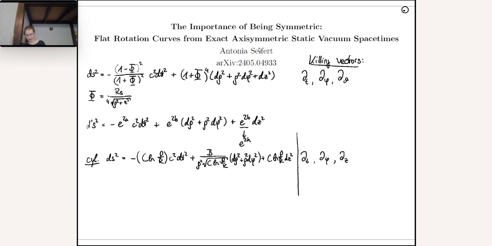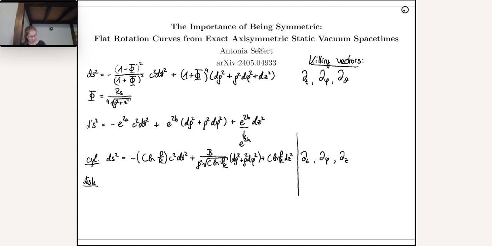The second line element that I want to present is what I call the disk line element. It is obtained from the cylinder solution by variation of constants, which is why it looks very similar, but we allow for a z-dependent epsilon function, which is not fixed by the Einstein field equations.